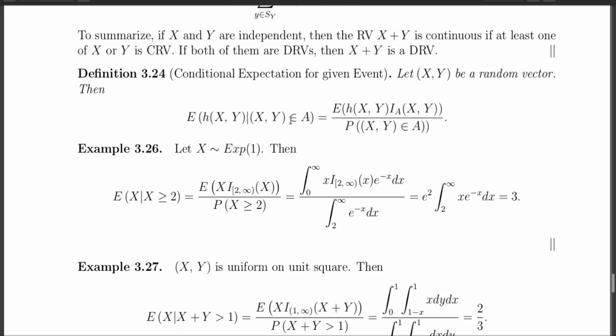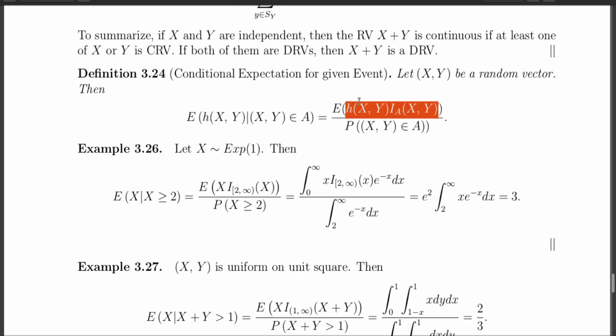Basically, this conditional expectation is nothing but the expectation inside the set A, because the condition (X, Y) belongs to A is given to me. Now, when I compute the expectation, the contribution of the h function outside the set A should be 0, and that we can do by multiplying using the indicator function of the set A. If you see this whole product, it will be 0 outside the set A, and the value of the product is the same as the value of the h function inside the set A.